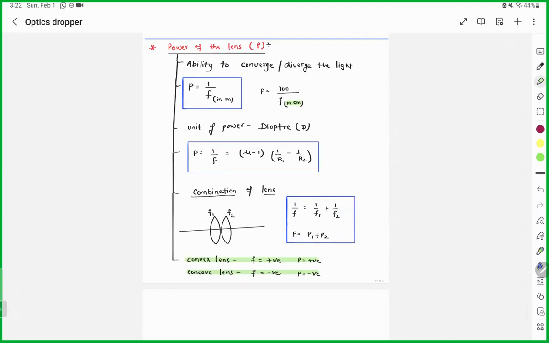So your lens refraction and reflection are done. One main topic left is optical instruments, one class, but extremely important because you get more questions from optical instruments and you get doubts as well.